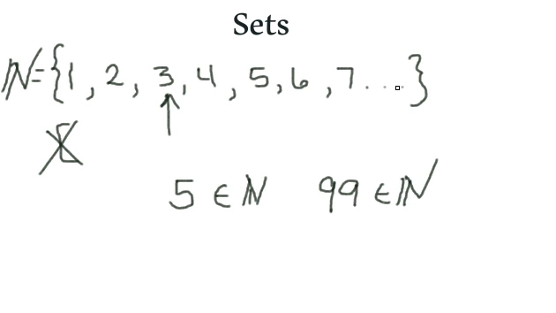Even though 99 is not seen actually in the set, it is implied that 99 is actually in this set.